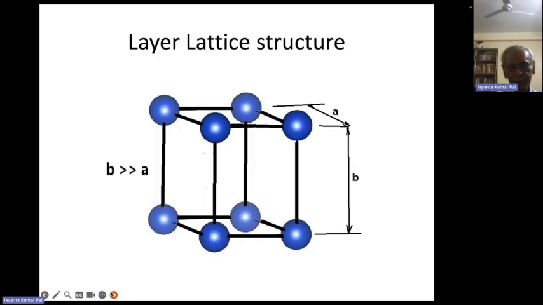Here, in the example, B is much more than A. And hence, when a shear force is applied, it bends easily and gives a low shear strength, and the friction comes down. So this is called layer lattice structure, and many of the solid lubricants work on this principle.